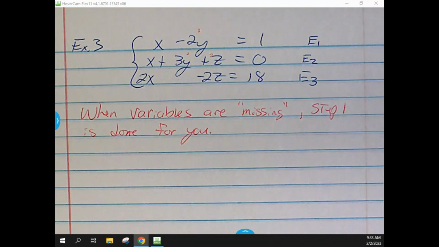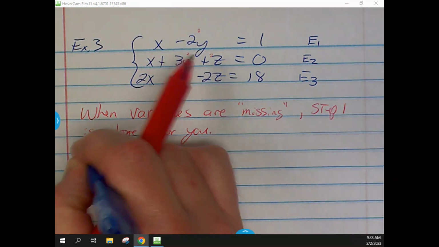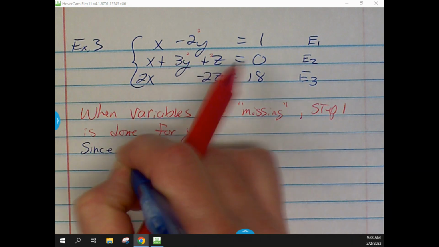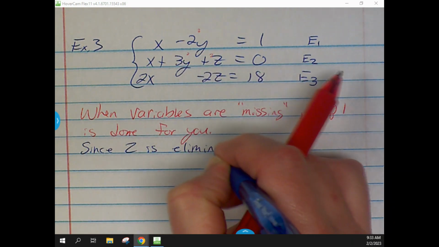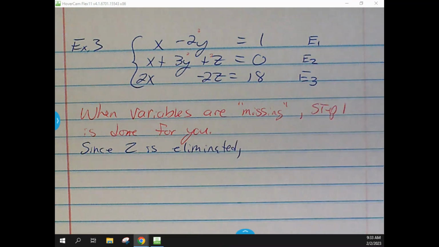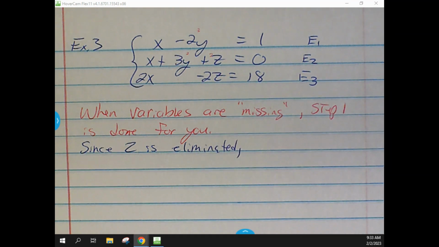So for this one, since they've already eliminated z, we're just going to eliminate z from equations 2 and 3.